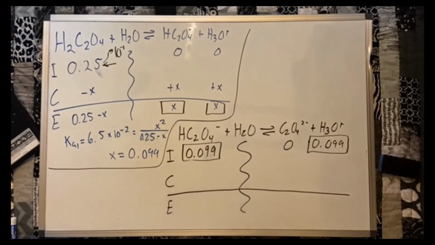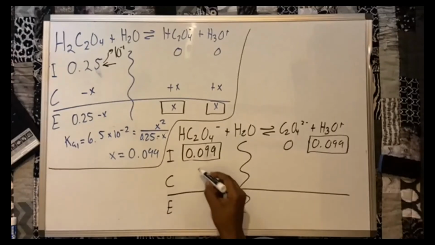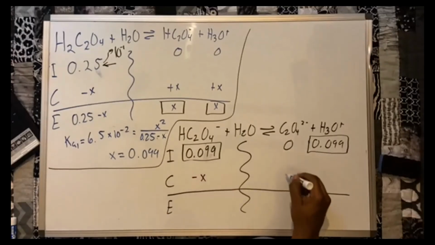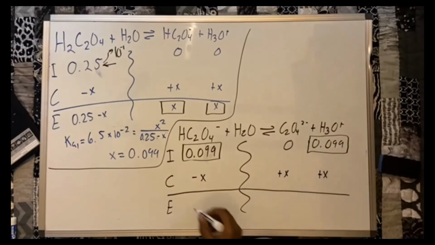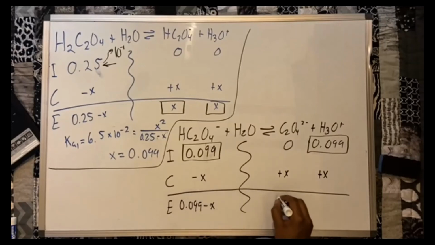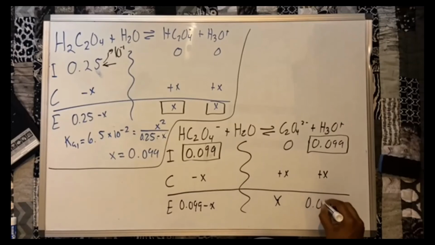Yes. Okay, then our problem rolls along similarly, right? So I put minus x again, because I still have that 0 right here, so plus x. So I got 0.099 minus x, x, 0.099 plus x. Will the change line ever be different from the first ice table to the second ice table?